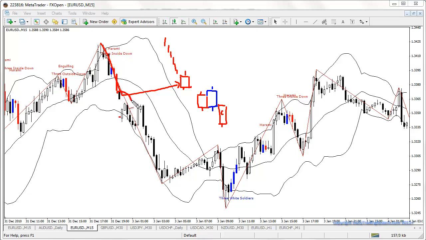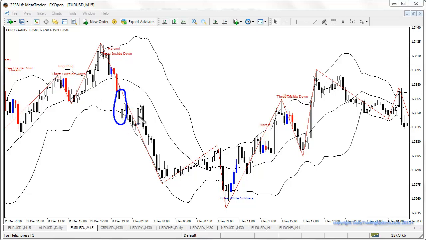This area, let's just take some of that off. This area right here is a Tasuki, the downside Tasuki gap. Now the reason why this indicator didn't actually pick it out is because the colors are different. Alright, but that still counts.